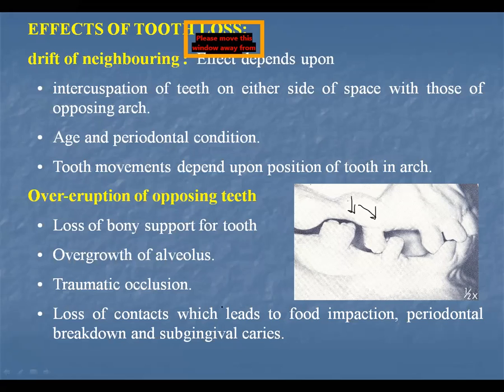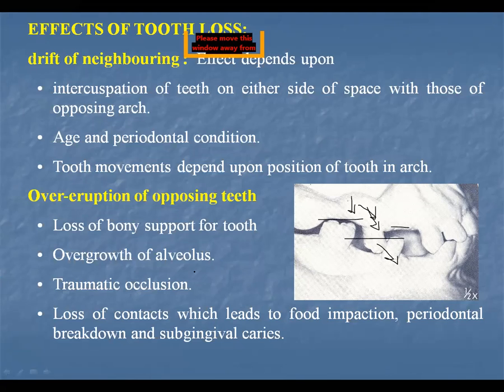It depends upon the age and the periodontal condition of the patient. The tooth movement basically depends upon the opposing tooth. If it is present, it doesn't move. If it doesn't have any contact with an opposing tooth, it will tend to move. If you don't have any tooth anterior and posterior, most probably the tooth will go down. So there is an effect of over eruption of the opposing tooth.